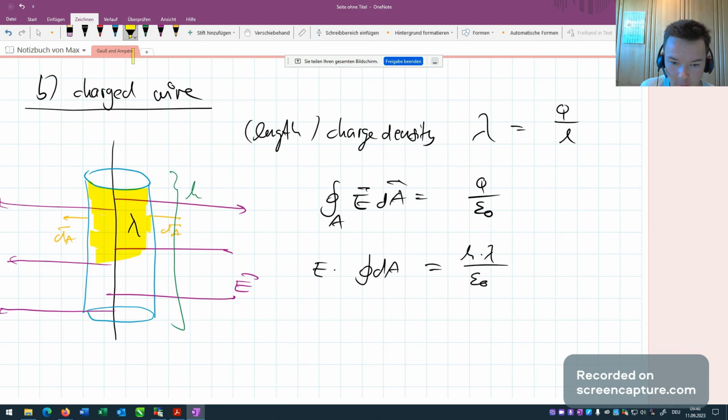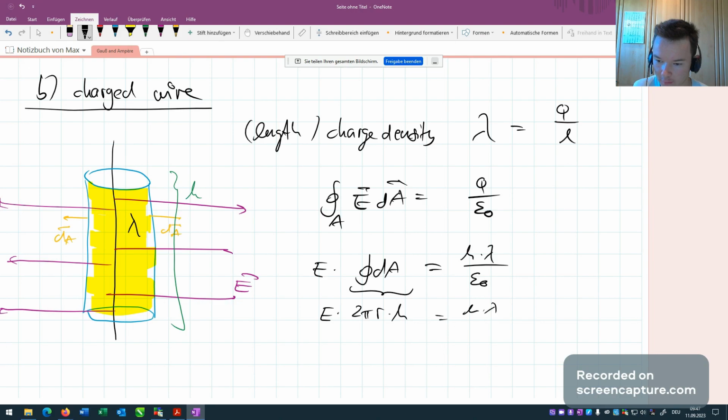So top and bottom are not penetrated because the electrical field is parallel to top and bottom, so they're not penetrated by electrical field lines, only this part of the cylinder, which means we have to calculate this area, which can be looked up in some formula collection again, which will be 2 pi r times the height.